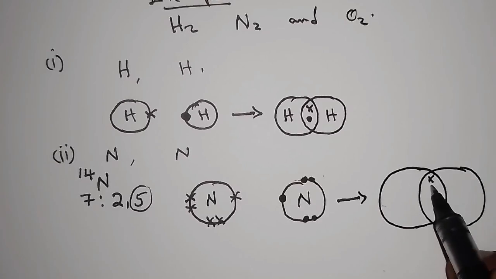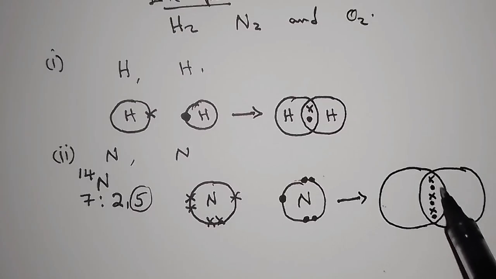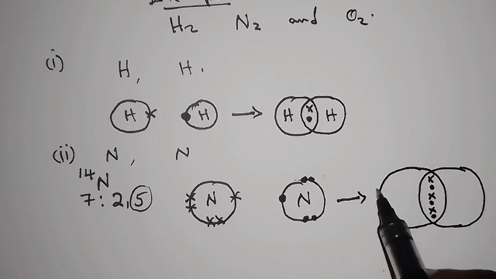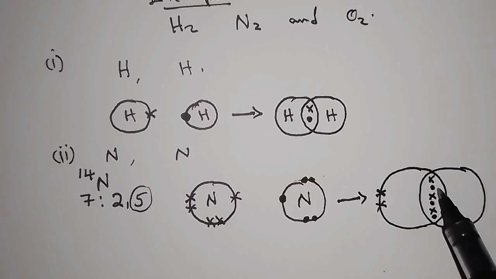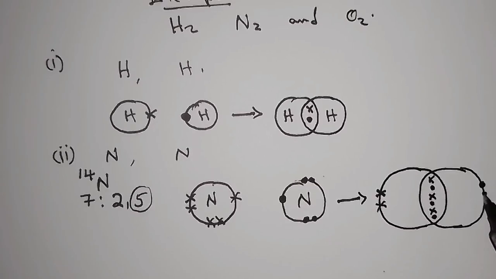You have this dot, then another one, and then another one. For the star, we have moved 3, 1, 2, 3, so there we remain with 2 of them. And on the dot side, we have moved 3 of them, 1, 2, 3, so we remain with 2 of them outside.